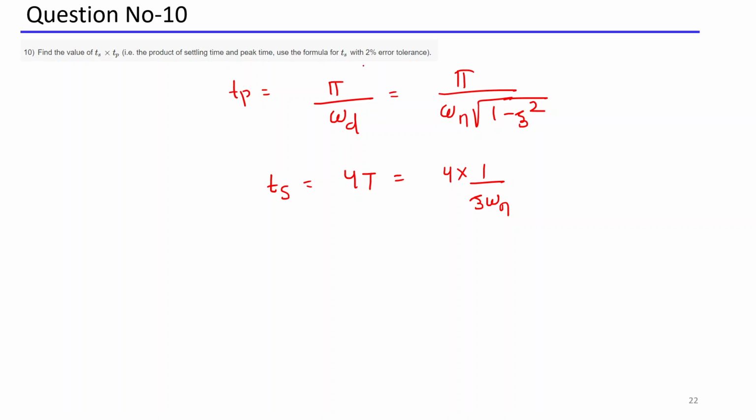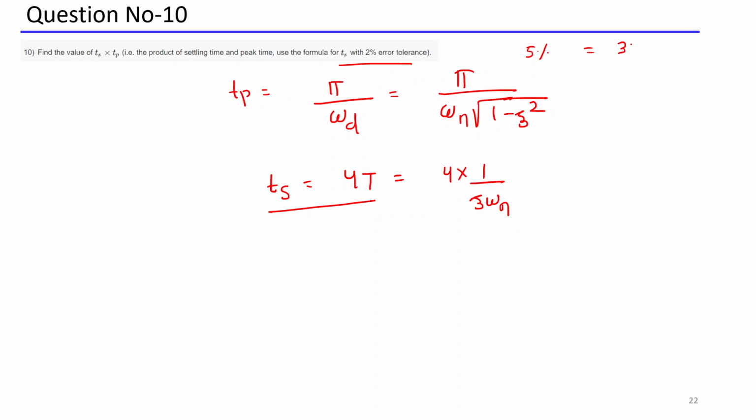Sir, for 2% tolerance it is given, right? For 2%, the settling time is 4 time constants, right? For 5%, how much should it be? Suppose it is not given 2%, suppose it is given 5%. Then what is the settling time? 3 by zeta omega n.